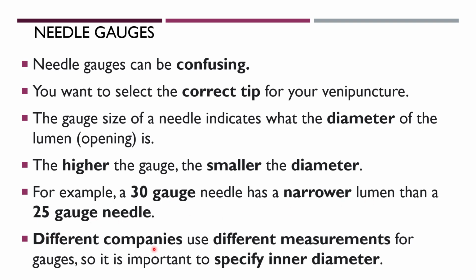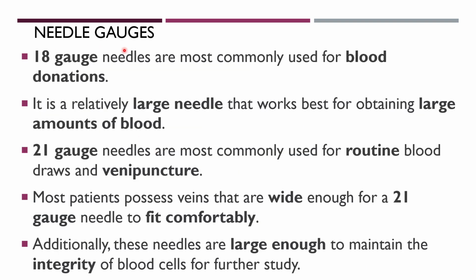Different companies use different measurements, but some are very standard and can be used for multiple purposes. The 18 gauge needle is most commonly used for blood donations, because in blood donations a large amount of blood is required to be collected from the patients.